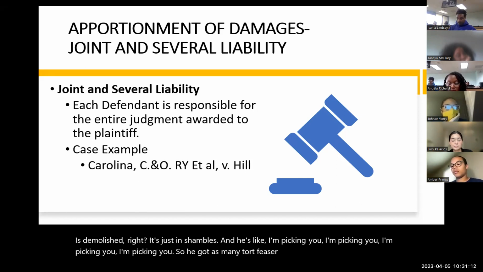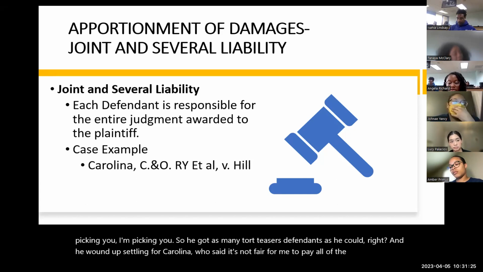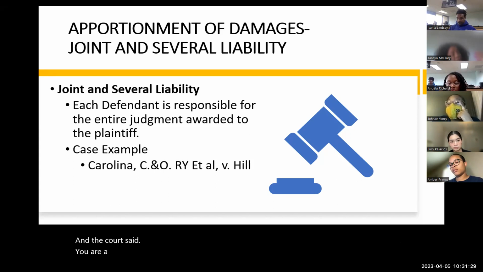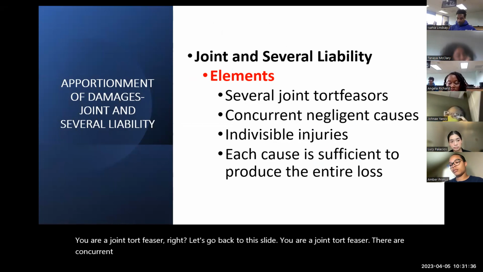So he got as many tortfeasors, defendants, as he could, right? And he wound up settling for Carolina, who said, it's not fair for me to pay all of the damage. And the court said, well, you are a joint tortfeasor, right? Let's go back to this slide. You are a joint tortfeasor. There were concurrent causes. And then remember, we got kind of sidetracked on what's concurrent, what's not concurrent. Indivisible injury, right?